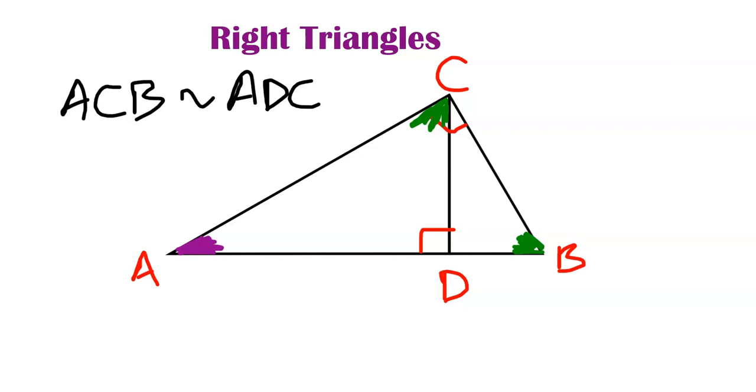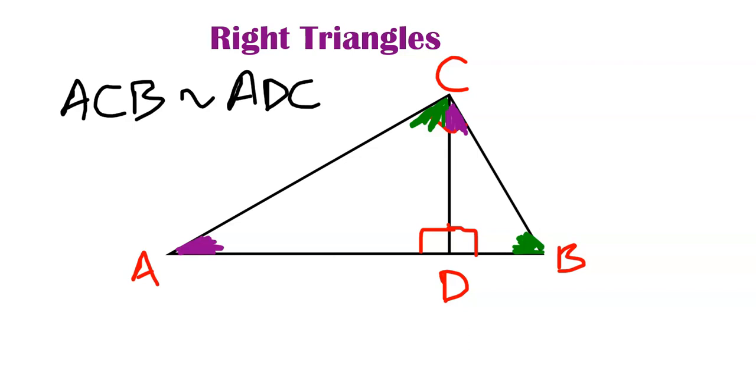In a similar fashion, if we look at triangle BDC, we can see that it has a right angle and a green angle. Now, for the same reason that we saw before, if, for example, that green angle is 60 degrees, the right angle is 90, the only size angle that can finish the 180-degree triangle in that example would be 30. But in the broad case, if it has a 90-degree angle and that same green angle that the big triangle ACB does, then the only thing that's left is for this smaller angle to be the same as the purple angle.